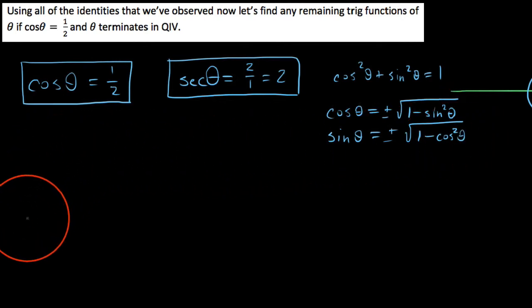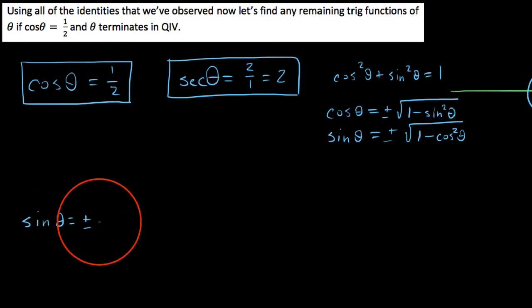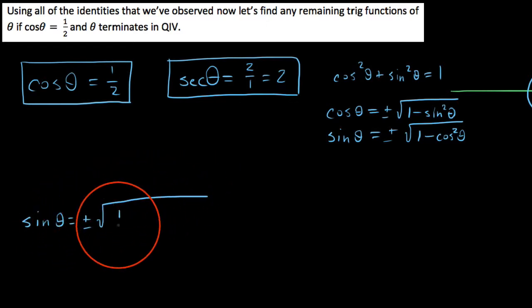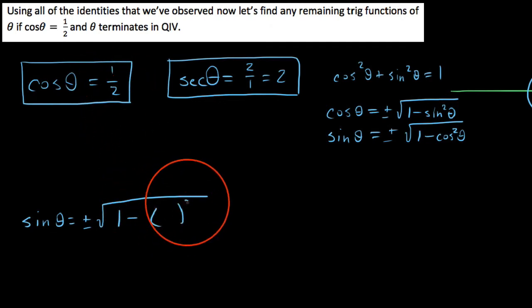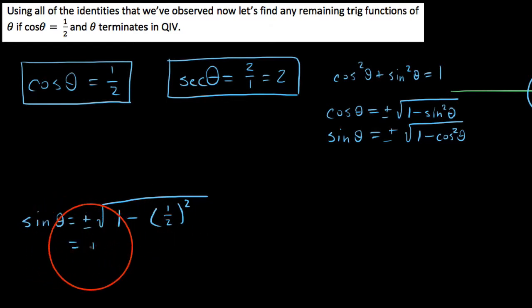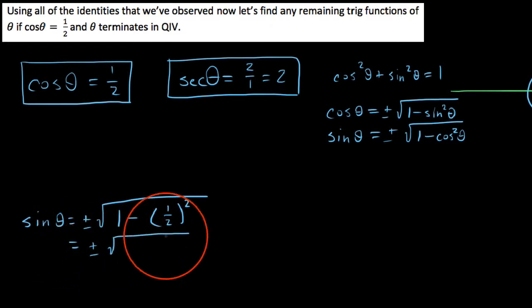So if we want to find sine, the sine of the angle theta is equal to plus or minus the square root of 1 minus the cosine squared. We know the cosine of the angle to be a half, so we see 1 minus a half squared. Let's go through the steps to simplify this. We square the top and the bottom of this fraction, we get 1 minus 1/4.